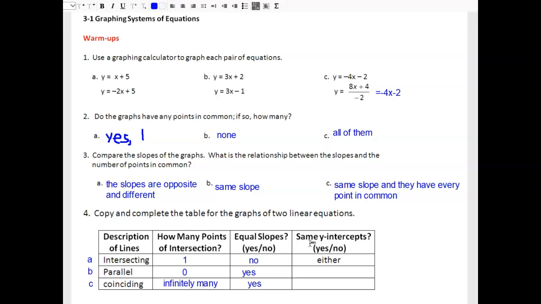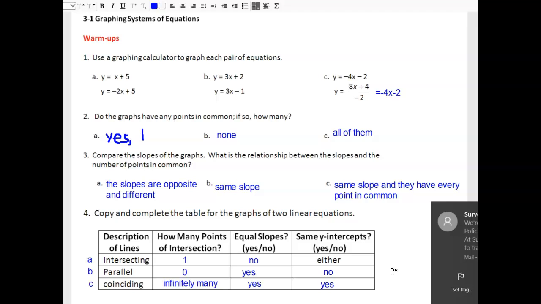Intersecting lines can have the same y-intercept, but they don't have to. Parallel lines cannot have the same y-intercept, because if they had the same y-intercept, that would make them coinciding. On the other side, coinciding lines must have the same y-intercept.